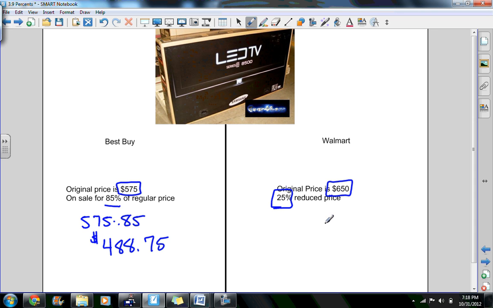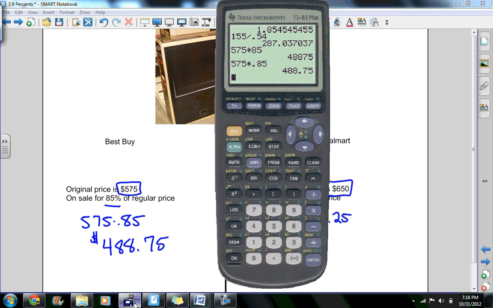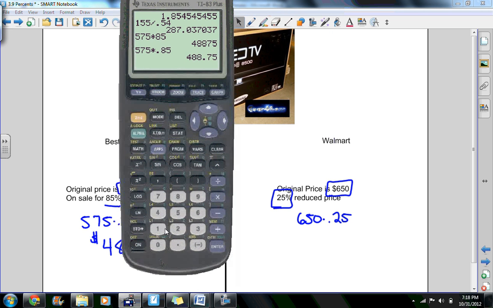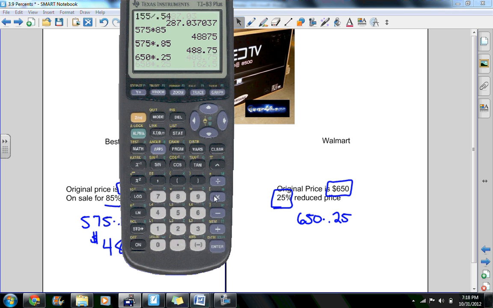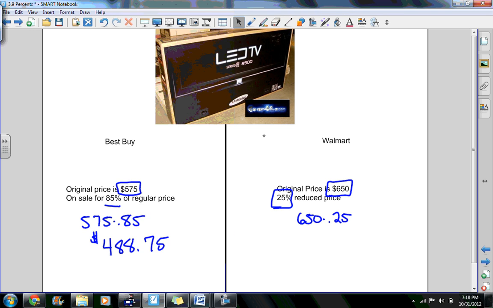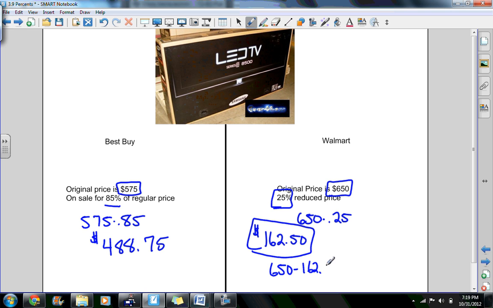This one's a little bit trickier. So I took my 650 times my 0.25. And that gave me 162.5. Now, this one says it's a reduced price, so now I have to take my 650 minus this to get my actual cost.